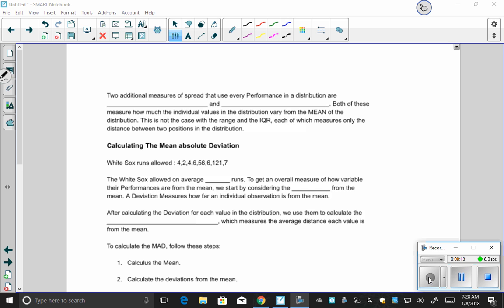In addition, two additional measures of spread or variability that use performance in a distribution are mean absolute deviation, in other words also known as MAD, and standard deviation.